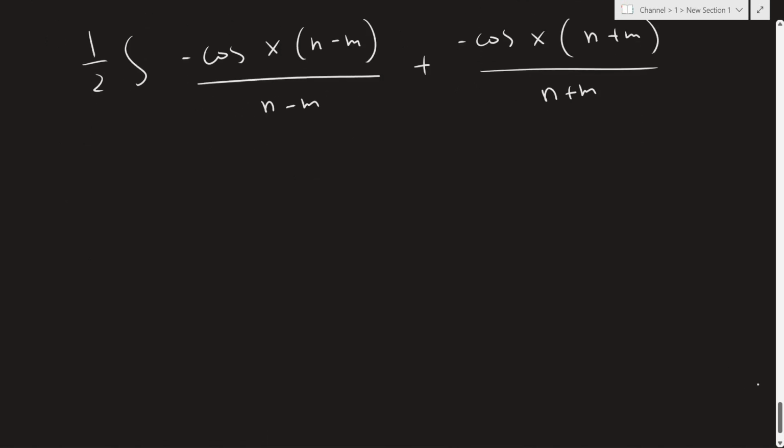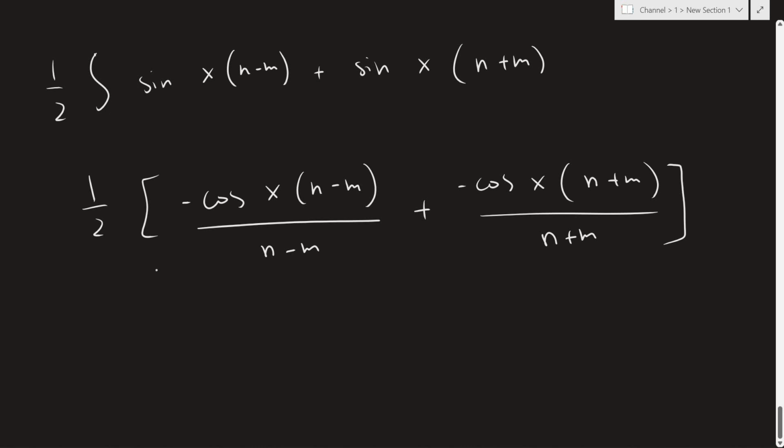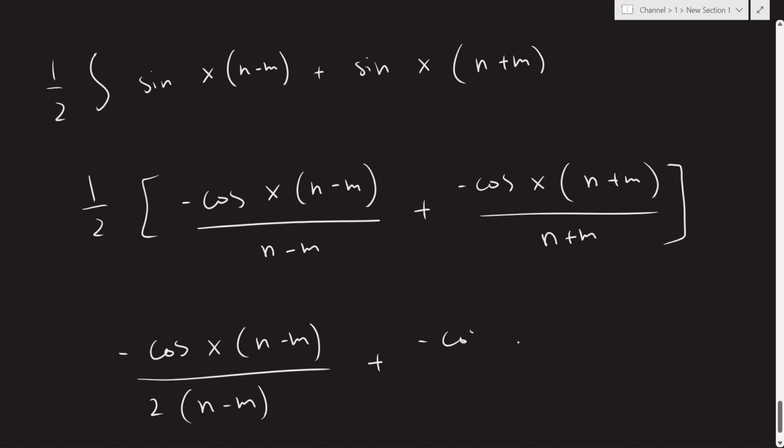Okay, so now we integrated already, so remove this. Okay, and now let's distribute the half. So negative cosine x n minus m over n minus m times 2, and then plus negative cosine x n plus m over 2 times n plus m.